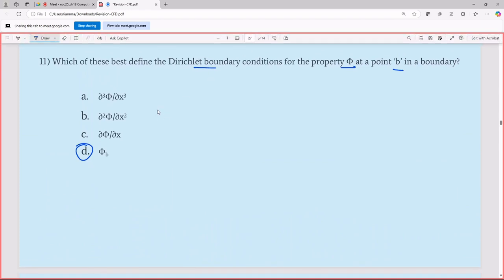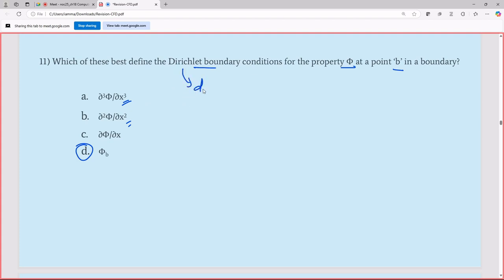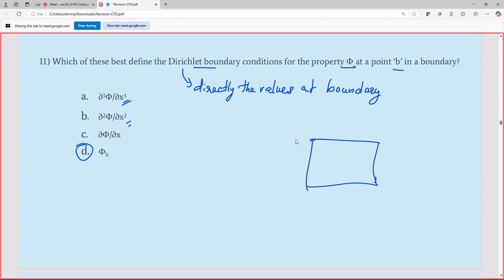All these are in equation formats. The Dirichlet boundary condition we have discussed in the earlier question. It is giving directly the values at the boundary. Suppose this is our domain, assume it to be a rectangle. These are the boundary places. Suppose phi is the property being evaluated inside the domain.